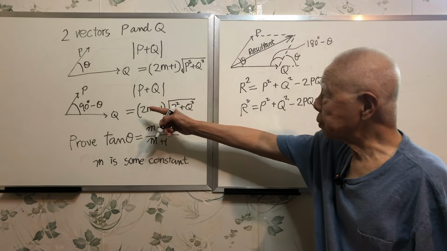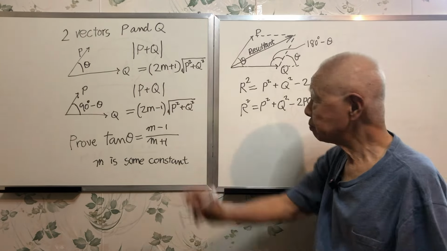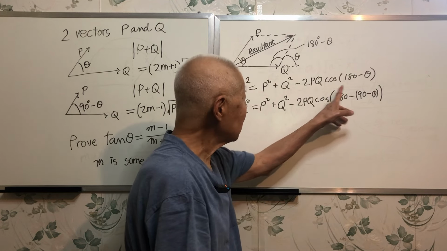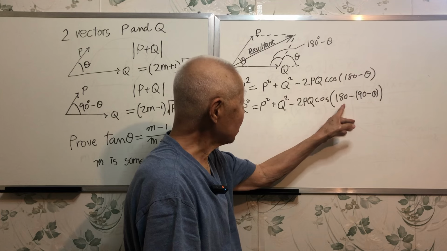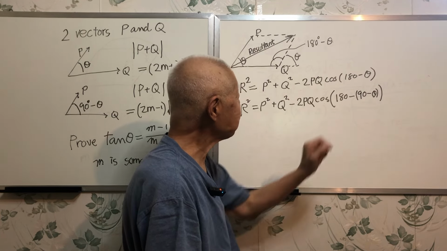The difference between these two cases is the angle. For the first case, my angle is theta. For the second case, my angle is 90 minus theta.